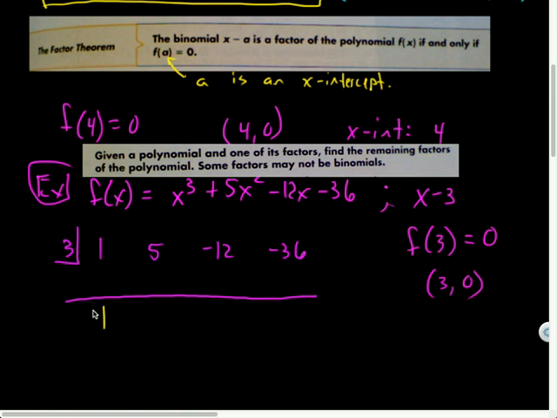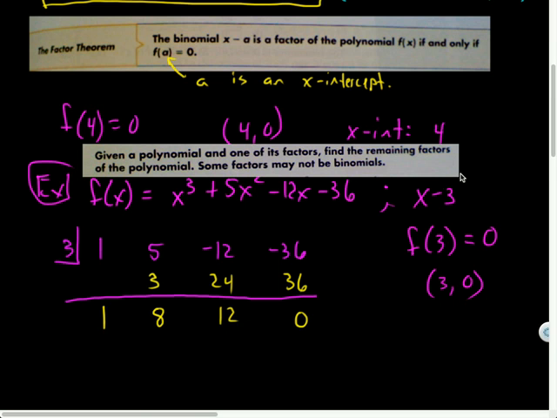So we'll bring down the 1, multiply, 3 times 1 is 3, add, 8, multiply, 24, add, I get 12, multiply, I get positive 36, and add, I get 0. So that 0 confirms to me by the factor theorem that x minus 3 is a factor of the original polynomial. It also tells us that this is an x-intercept, right? So it verified that for us.